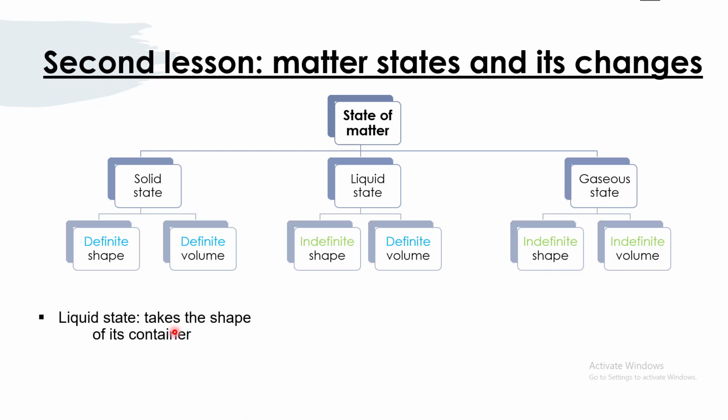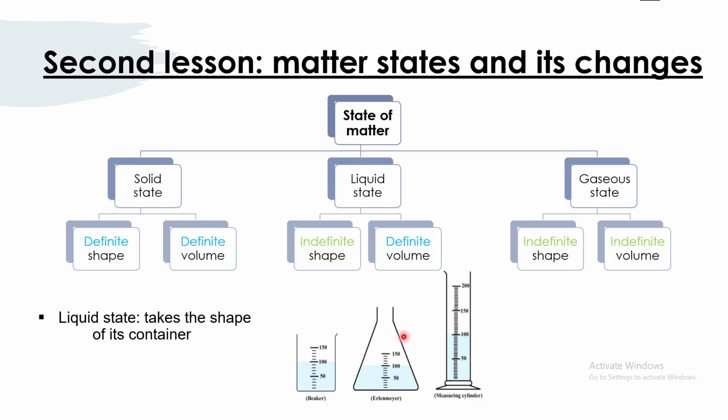So we conclude that the liquid state takes the shape of its container. If we take a look at this picture right here and give this example: if we pour some water in this cylinder, this cylinder will show that the volume of this water is 100 milliliters, for example. And if we pour this water in another shaped cylinder, we will see that the shape of the water changes, but only the shape, and the volume will remain unchanged.